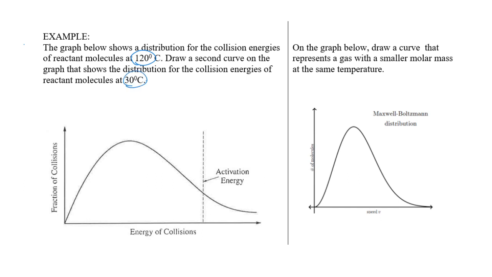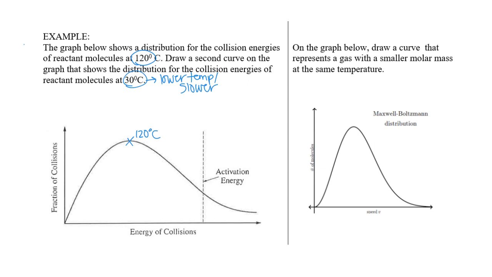Okay, so basically I need to say, this temperature represents 120 degrees Celsius. This has a lower temperature, 30 degrees. And if it's a lower temperature, it's going to be slower. And so that means my peak needs to be farther to the left.